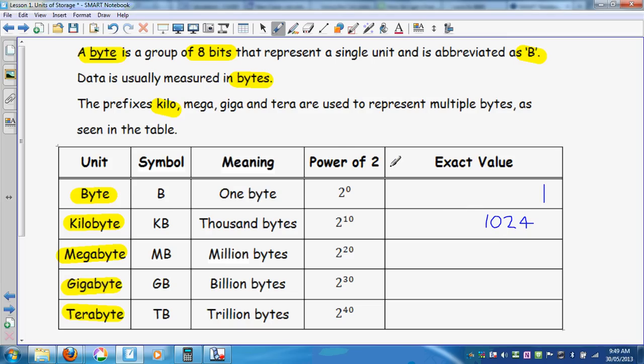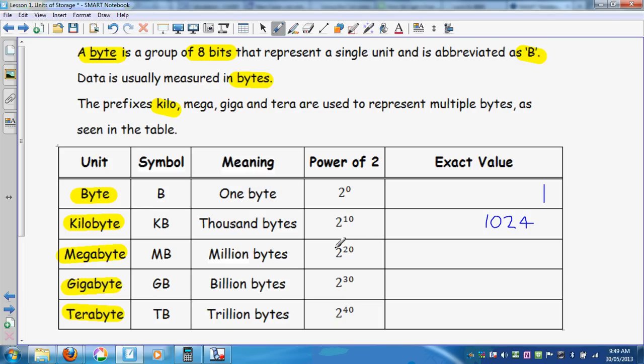You can think about it in power 2, or you can just think about it as multiplying by 1,024, which I find easier. So if we're now looking at megabytes, how many bytes in a megabyte? We think of it as 1,000,000 bytes, which is 1 with 6 zeros.